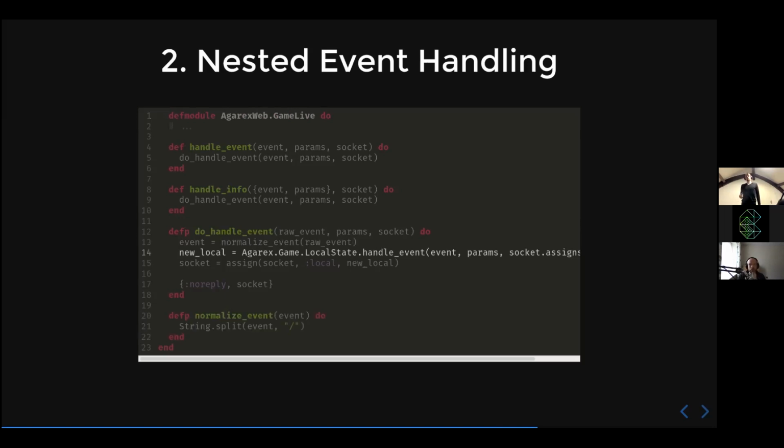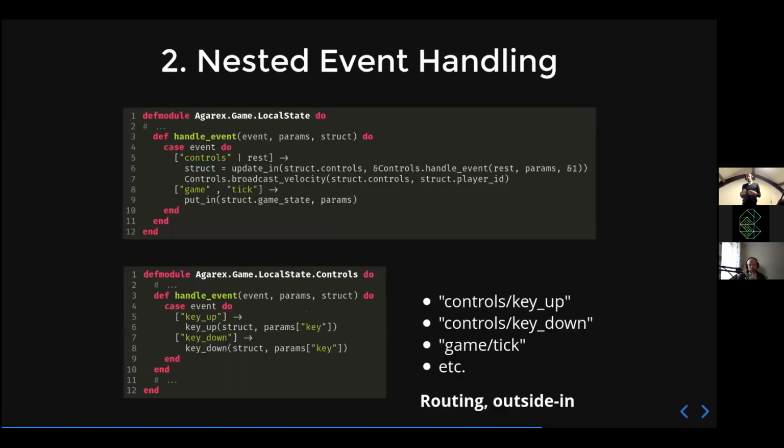And then the actual state handling is done in those modules, which I showed you just now. And then of course the final step is, after everything has been updated, storing it in the LiveView process, just as before. But the idea here is that the state handling actually lives right next to the logic of the structs that it is transforming.